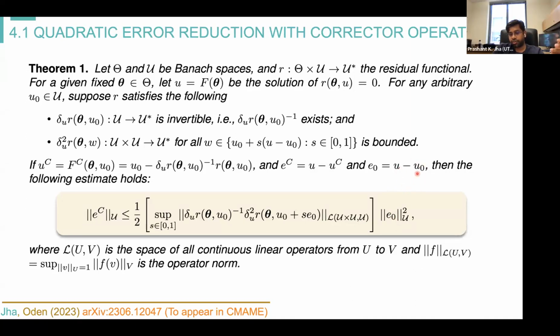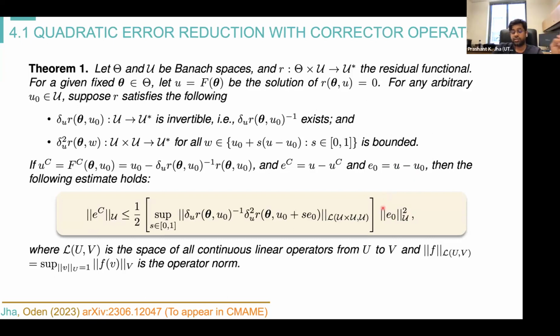So U0 is some prediction of a solution. EC is the error given by U minus UC, where UC is the corrected solution. So what it basically says is that if this constant is bounded, then the new error is less than or equal to C times the square of the original prediction error, okay?